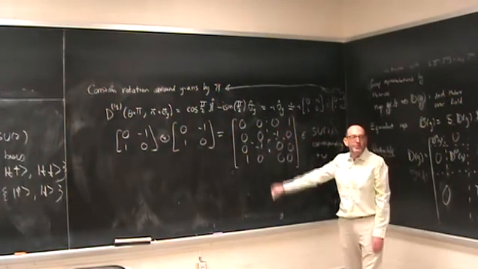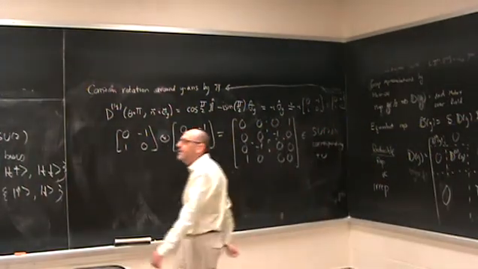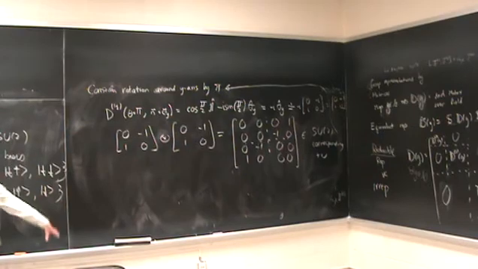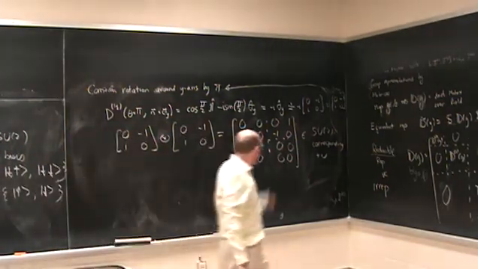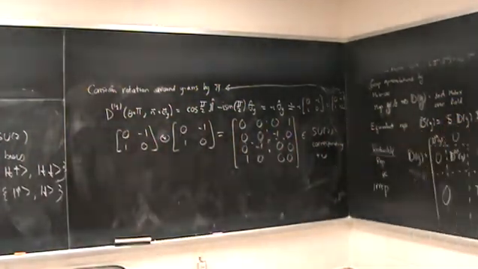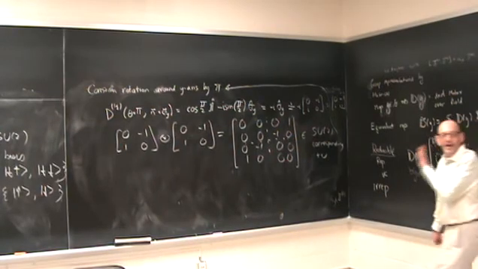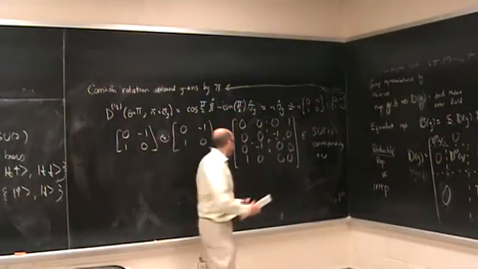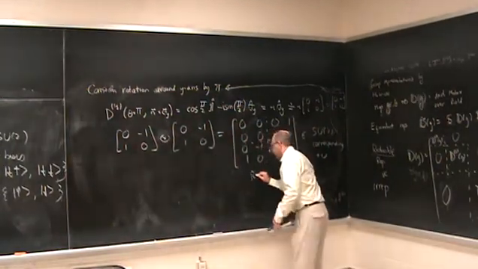I claim I can reduce this. I can find a basis in which this matrix is block diagonal. We have, so I claim that this is reducible.